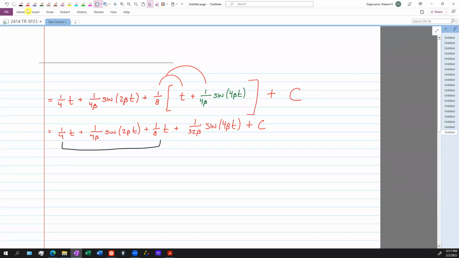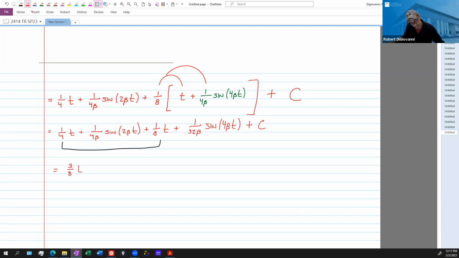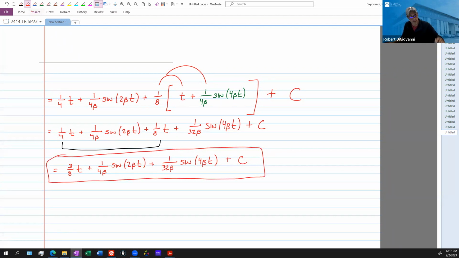So we get 3/8 t, this is my final answer, 3/8 t plus 1/4 beta sine of 2 beta t plus 1/32 beta sine of 4 beta t plus some constant. That's the antiderivative of cosine to the 4th of beta t.